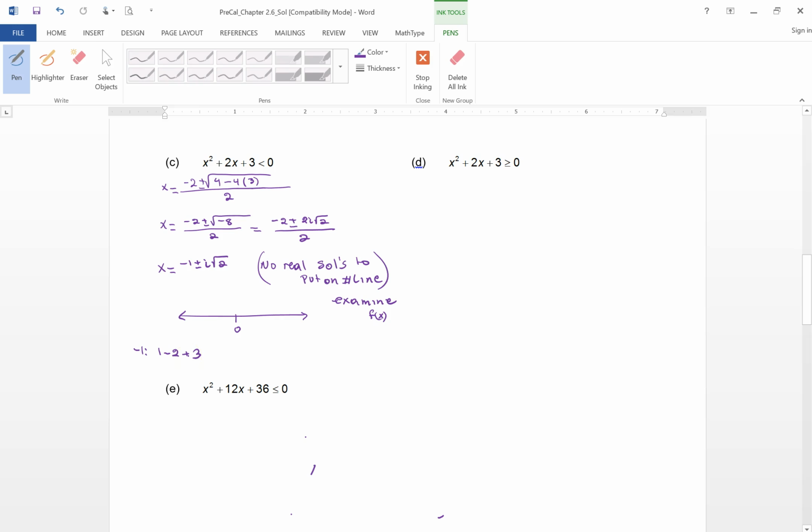Is that positive or negative? Positive. If I put -10, believe me, it's still going to be positive. Okay? Well, what if I put 0 in there? If I put 0, I still get positive.